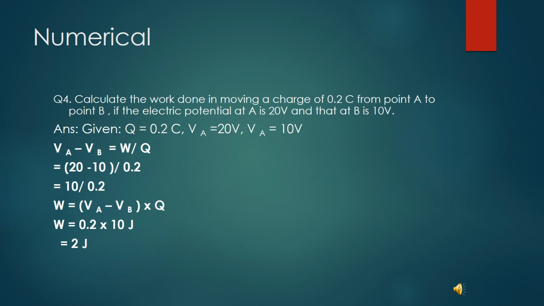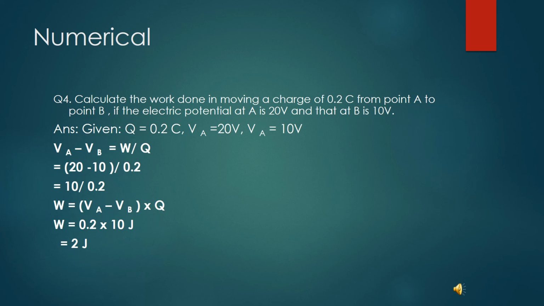So we know VA minus VB is equal to W by Q. VA is equal to 20 volt, VB is equal to 10 volt. So VA minus VB is equal to 20 minus 10. That gives you 10. And Q value is given in the sum, 0.2 coulomb.